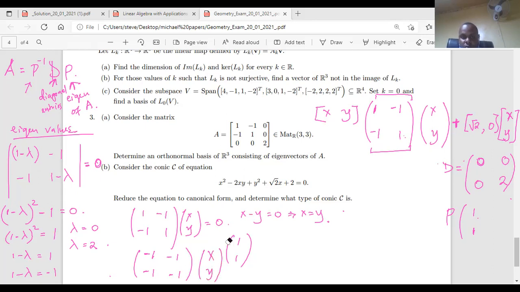So it is minus x minus y equals 0. So y equals minus x. If x equals 1, therefore it is 1 and minus 1.